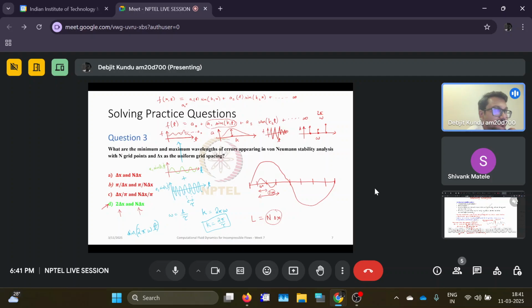Wavelength and time period are similar; wavelength is in space and time period is in time, but the concepts are the same. So the wave number can give me an idea of the wavelength or time period. Exactly, it's directly connected.